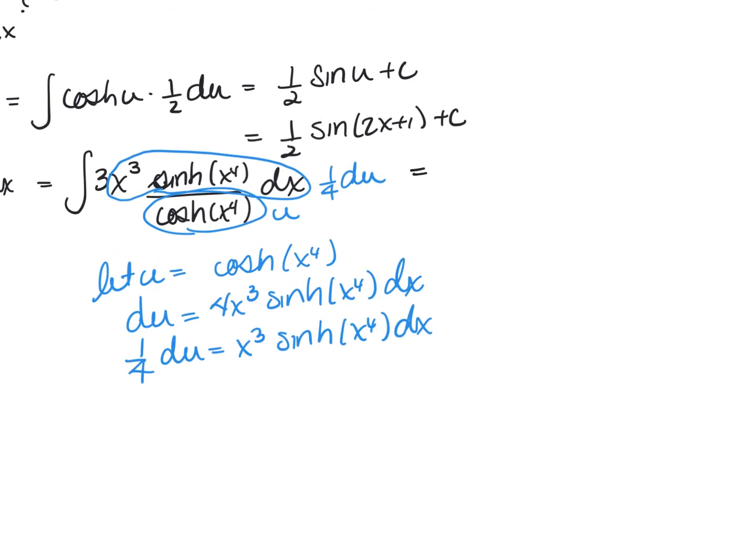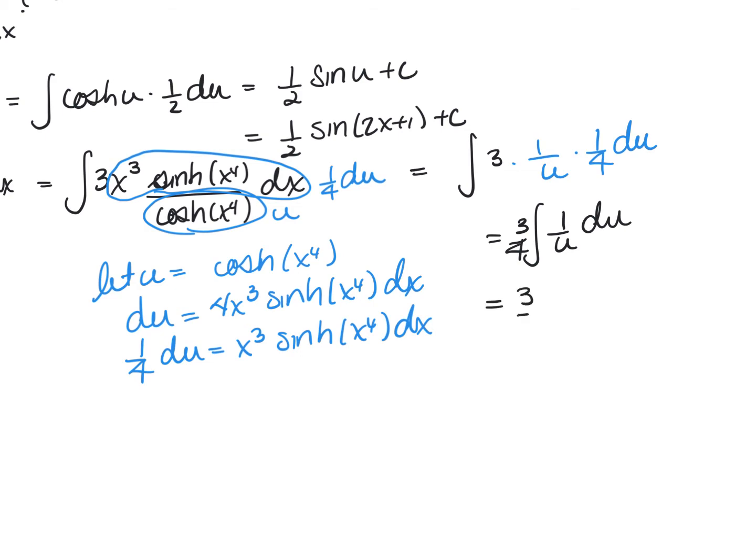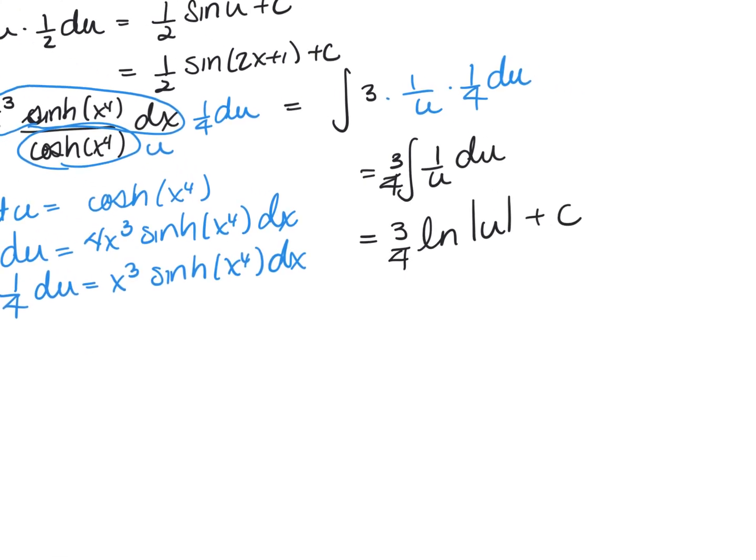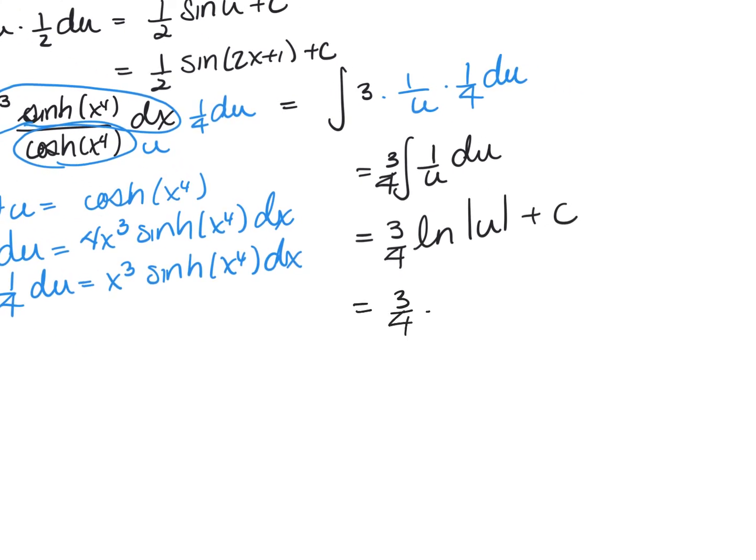So what I really have is integration of 3 multiplied by 1 over u multiplied by 1 over 4 du, which is the integration of 3, I'm going to actually bring that out, 3/4, let me bring that out front, of 1 over u du, which is equal to 3/4 the natural log of the absolute value of u plus c, which is equal to 3/4 the natural log of the cosine hyperbolic x raised to the fourth plus c.